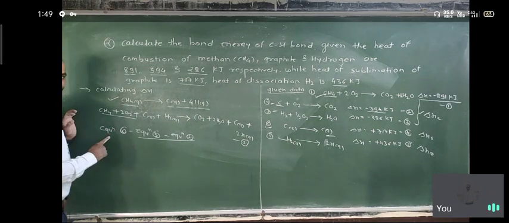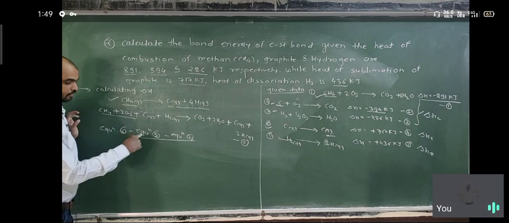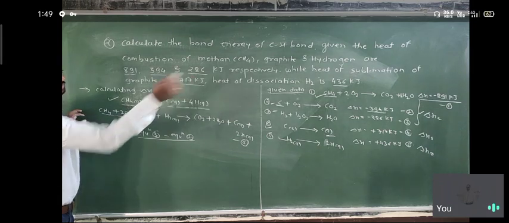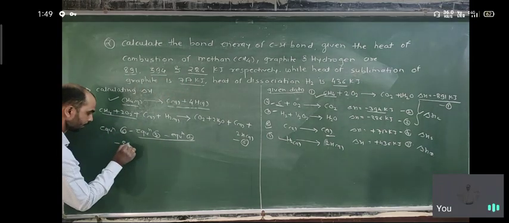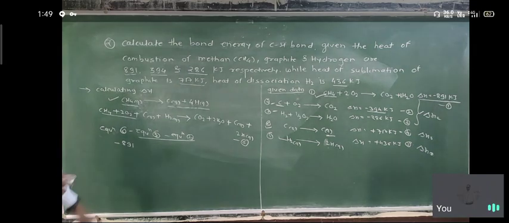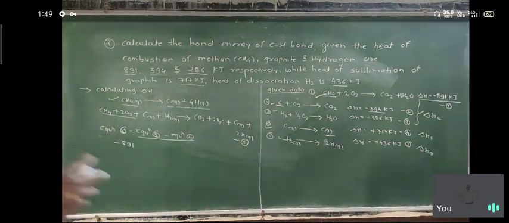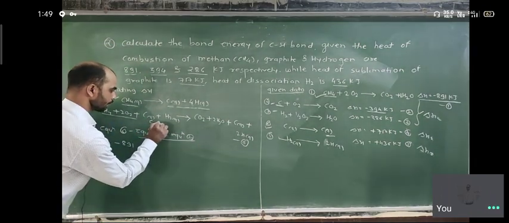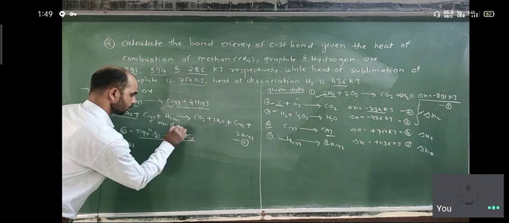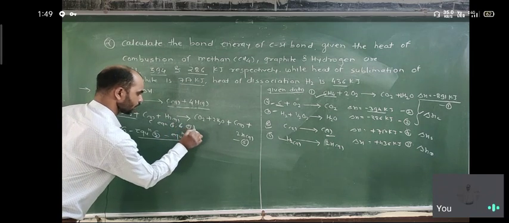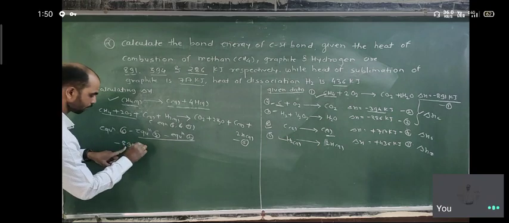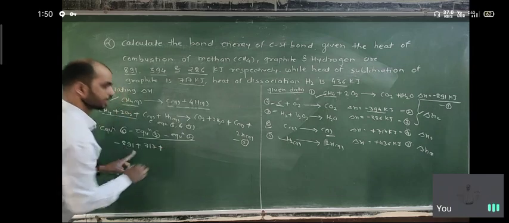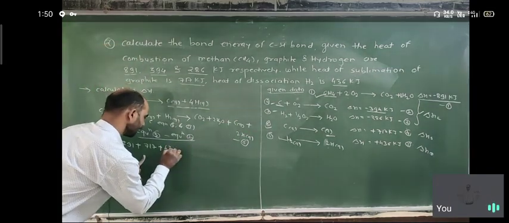So we get the operating equation: equation 6 minus equation 3 minus equation 2. Put in all the values. Equation 6 means minus 891 plus equation 4, because it is a combination of equations 1, 4 and 5. The value of equation 1 plus equation 4 is 770, plus equation 5 is 436.